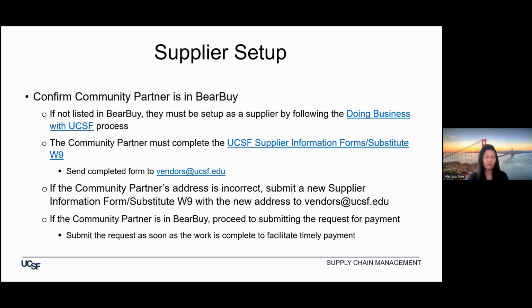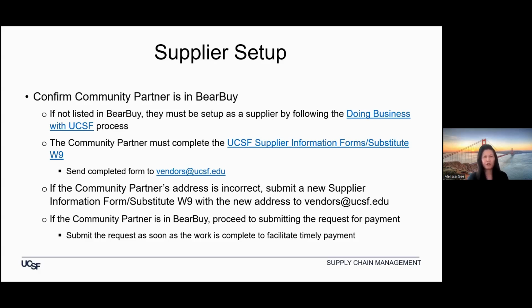So after that form is completed, it can be emailed to us at vendors@ucsf.edu so we can set up the supplier in Bearby. Also, if you do notice that the community partner is in Bearby, but their address is incorrect, you will also need to have them fill out the supplier information form, Substitute W-9, with the new address, so that we have it in our system and can send them the payment at their address.